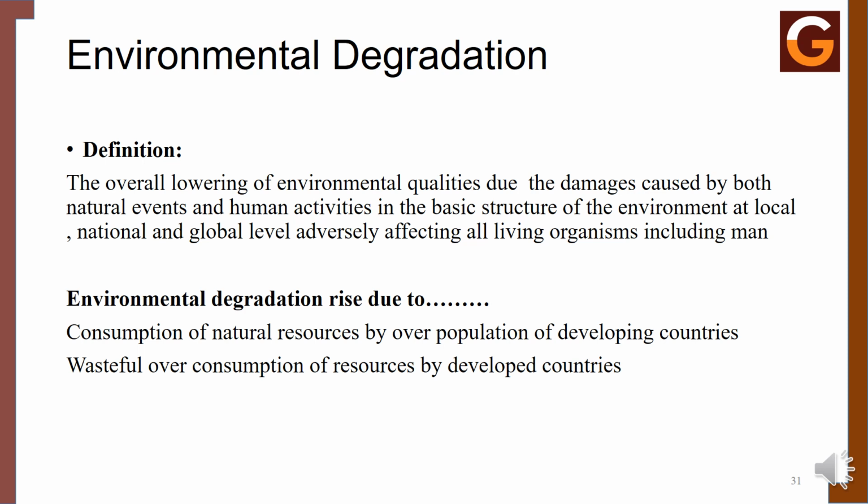It is nothing but due to natural activities as well as human activities, the quality of the basic structure of the environment is affected, which in turn affects all living organisms including man. Environmental degradation arises due to consumption of natural resources by overpopulation of the developing countries as well as wasteful overconsumption of resources by developed countries.